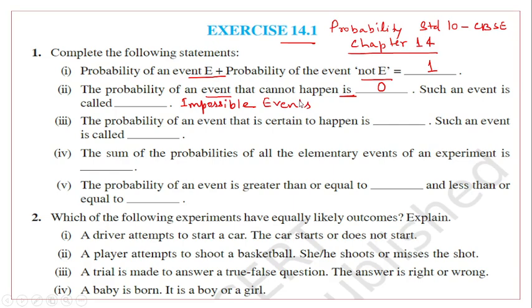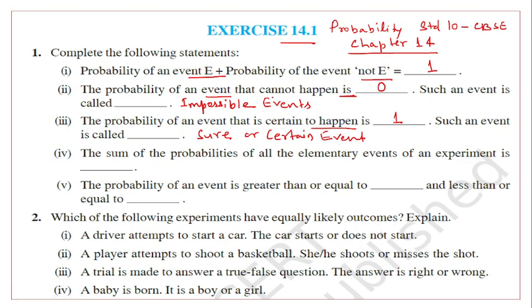Probability of an event that is certain to happen is 1, and such an event is called a sure or certain event.